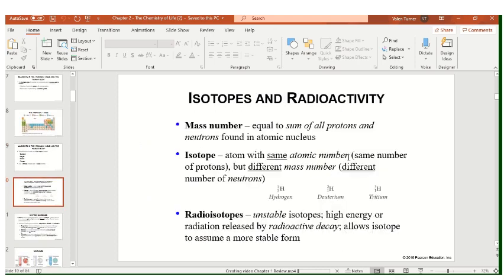You got to know something called a mass number. This one is a calculation, but still pretty short. The number of protons plus the number of neutrons is the mass number. So I can ask you to calculate a mass number on your exam. I could say carbon has 6 protons, 6 electrons, and 7 neutrons.